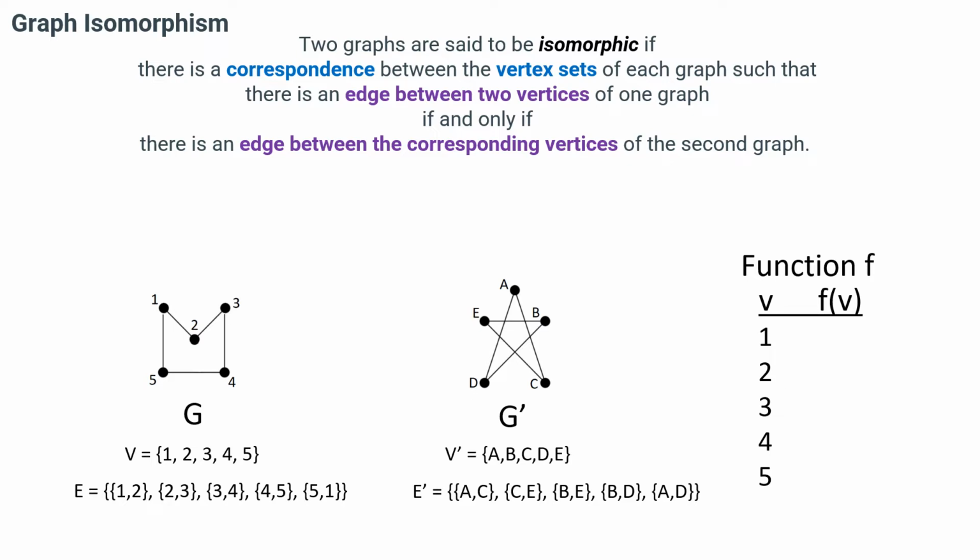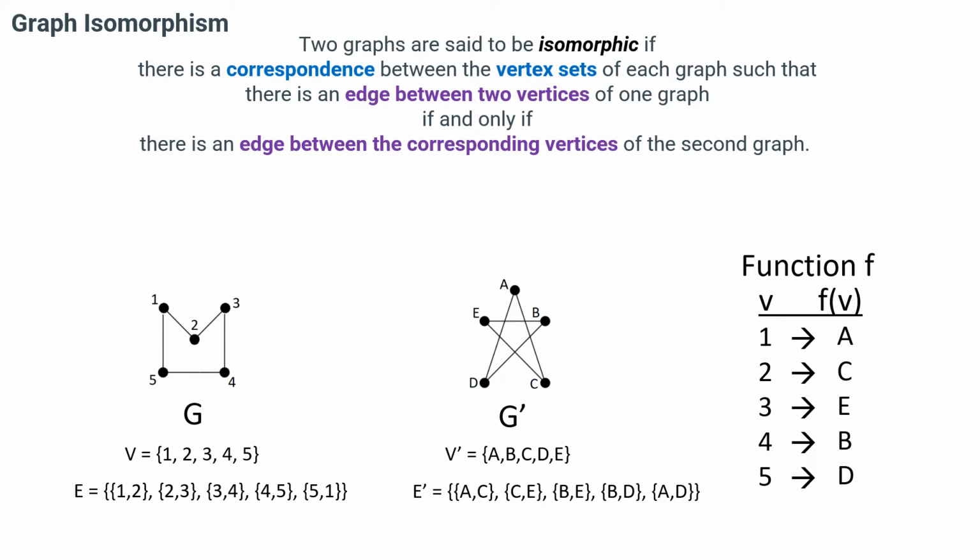If we take these vertices from V, 1, 2, 3, 4, 5, and make this correspondence, this function f, we have the vertices in V prime as the function values.